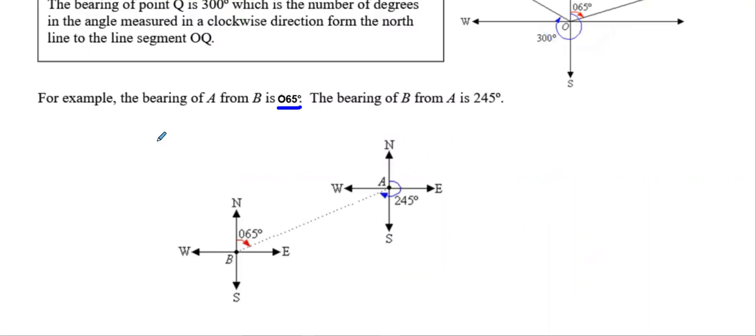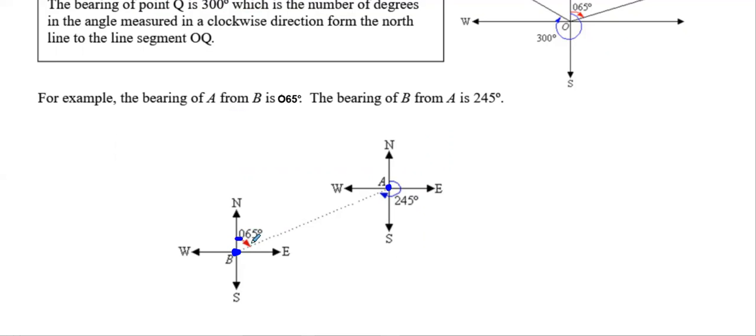So it can get into little language issues. So the bearing of A from B. So you have to think of yourself as standing here at B, looking at A. What would be the bearing?